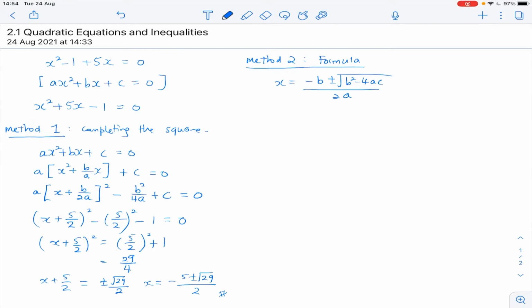So let's solve for this same quadratic equation. So x would be negative 5 plus minus square root of 25 minus 4ac, divided by 2. That would be negative 5 plus minus square root of 25 plus 4, which is 29, divided by 2. So you see, you get the same answer.